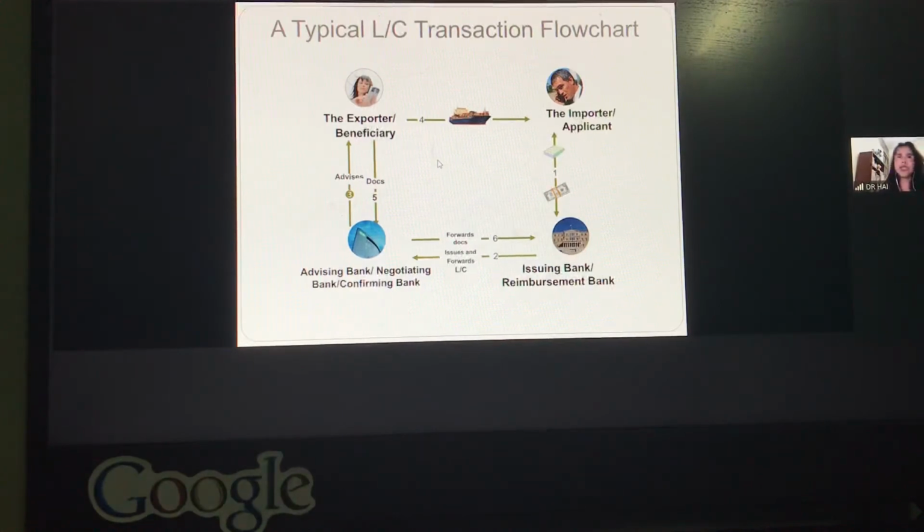And the exporter needs to issue a BE, bill of exchange. The BE, under an LC transaction, shows that the drawee is the issuing bank. Hopefully you still remember drawee.